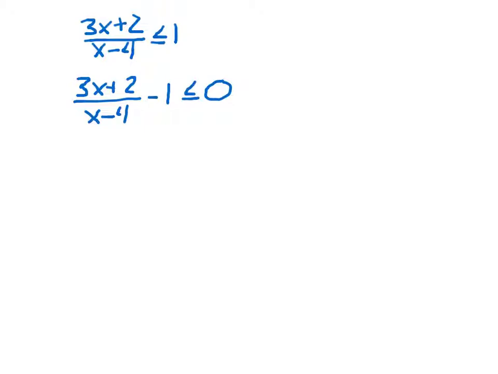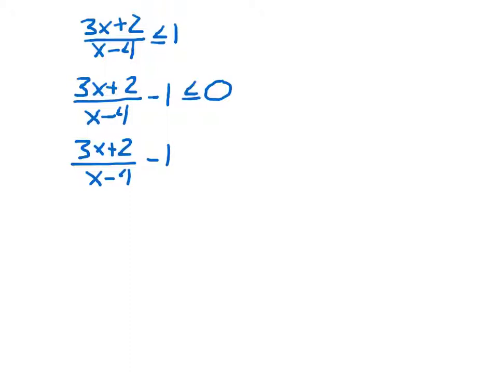Now, I can't quite fully factor yet because I need to combine these two terms. And if you remember how to deal with rational expressions, I need to turn that minus 1 into something that I can combine with the first rational expression, which is this guy right here.